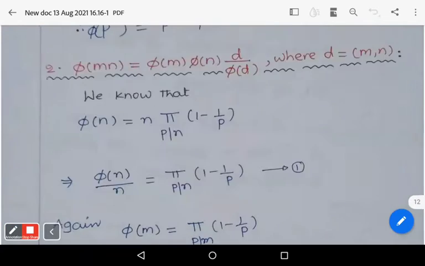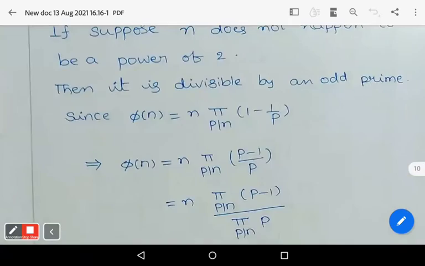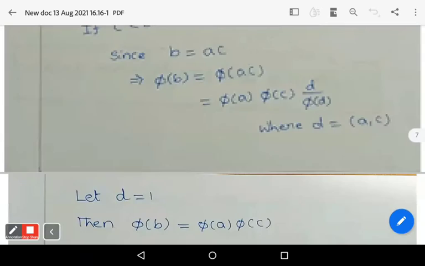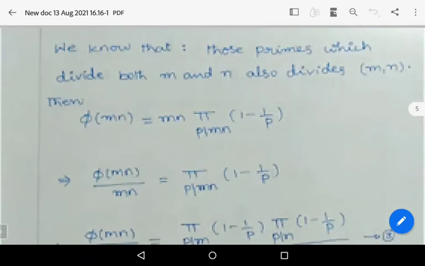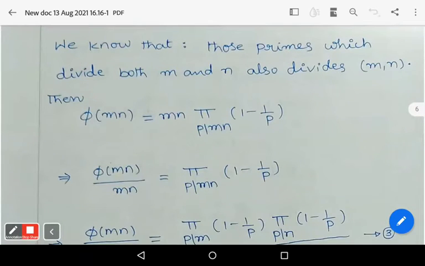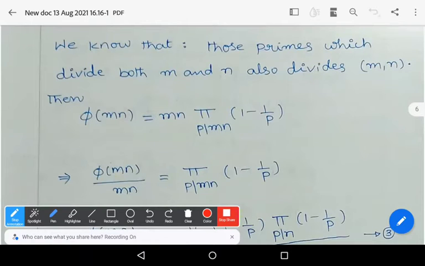Let us continue. Yes, we know that the prime number which divides both m and n also divides GCD of m comma n.